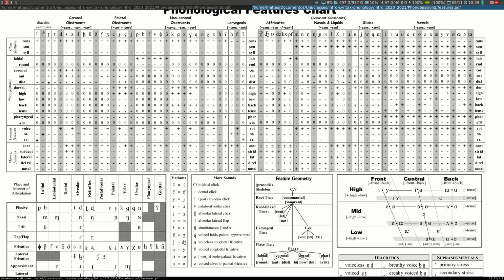Coronal, anterior, and distributed, they are identical. Dorsal, identical. High, identical. Low, they are minus low, they are identical. Back, they are plus back, because they're in the back, so they are identical. Tense, and they are distinguished. So up here we have plus tense, and down here we have minus tense. They are only distinguished in tenseness. So they share a lot of properties, but we can distinguish them just by one feature.